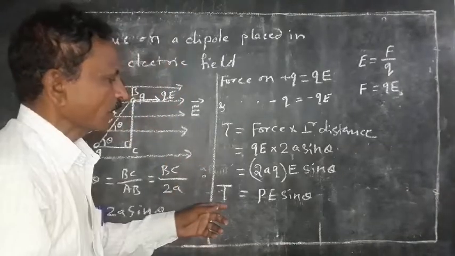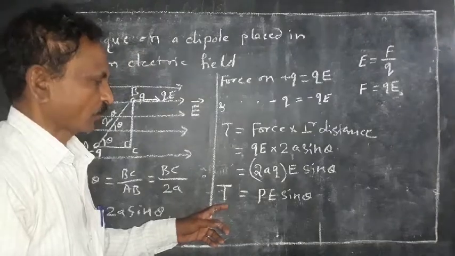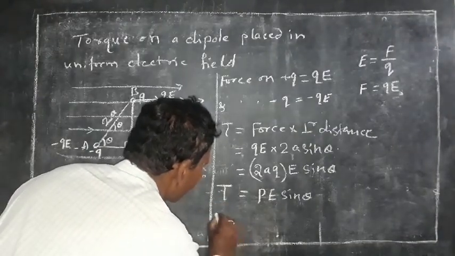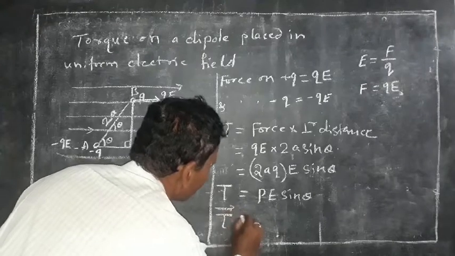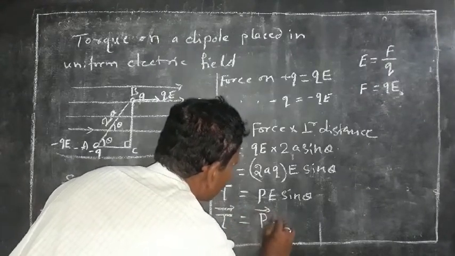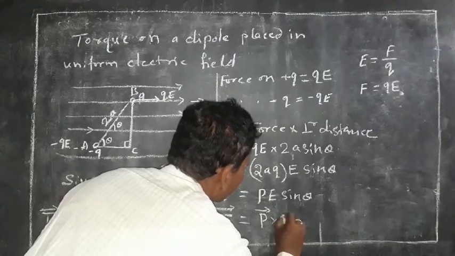Torque is a cross product, therefore it can also be written in vector form as tau vector equals P vector cross E vector.